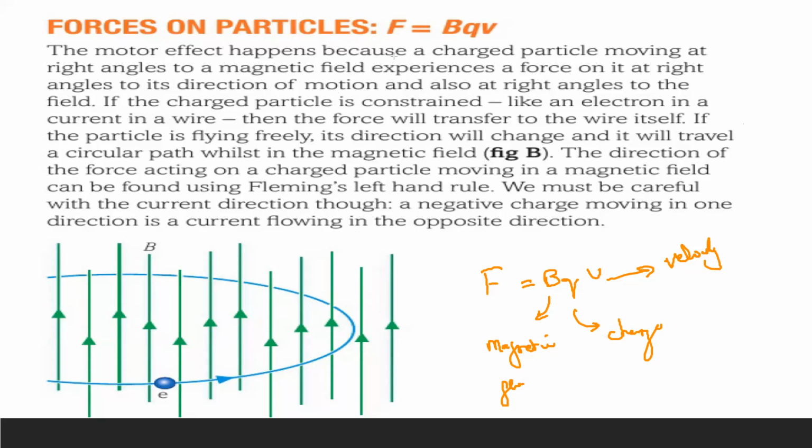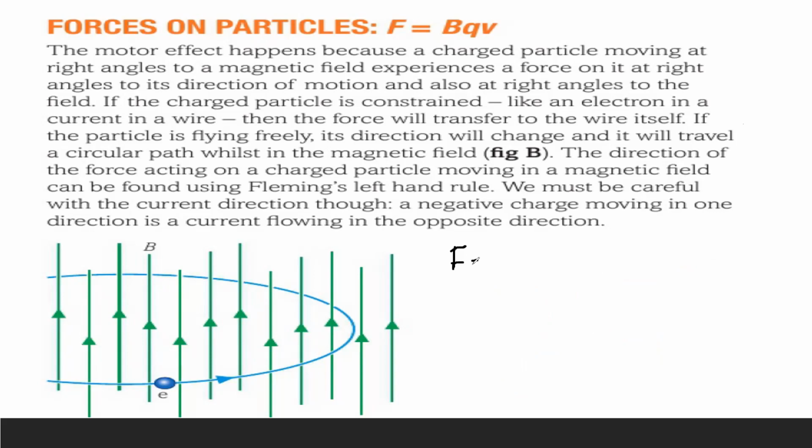And whenever a charged particle is moving in a magnetic field, it moves in a circular path. So when the charged particle is moving in a circular path, there should be a force which is causing the circular motion. So we can say a centripetal force is there. Simply, the magnetic force, which equals BQV, must equal the centripetal force.